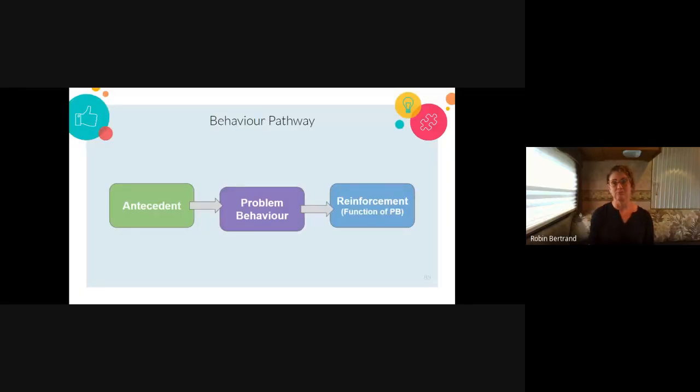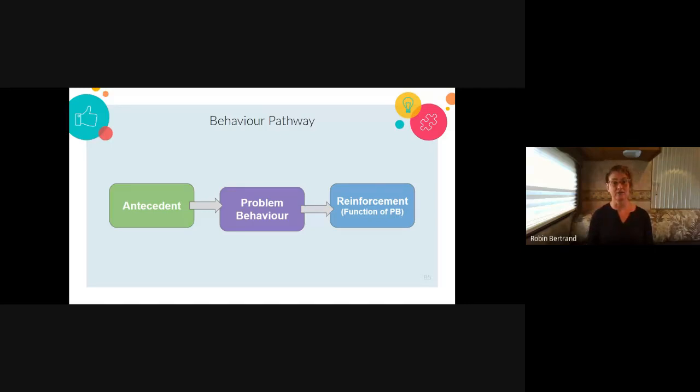When people engage in problem behavior to have a need met, we understand that they're usually missing skills that would allow them to have their needs met in more appropriate ways. Let's use this behavior pathway to look at how teaching new skills are part of reducing problem behavior. During the functional behavior assessment, we would already have identified antecedent conditions that trigger problem behavior and consequence conditions that are reinforcing the problem behavior.